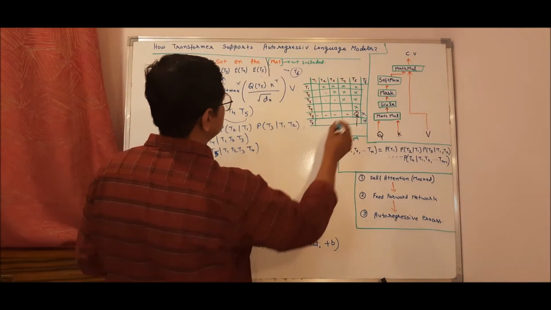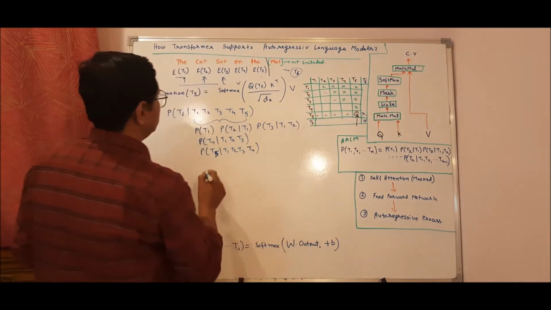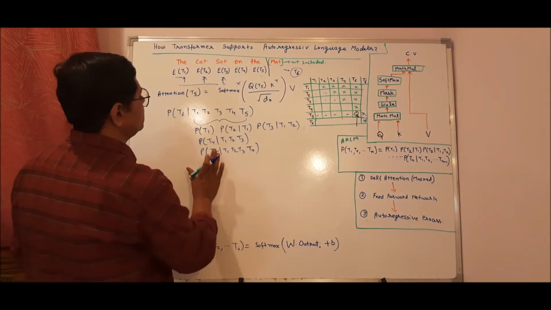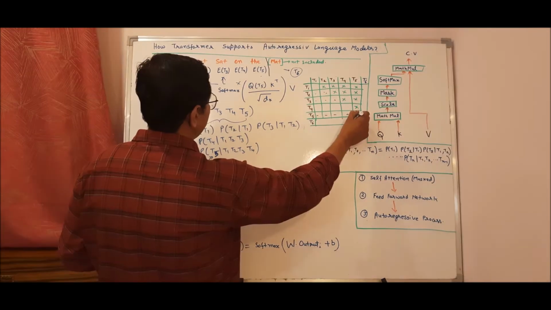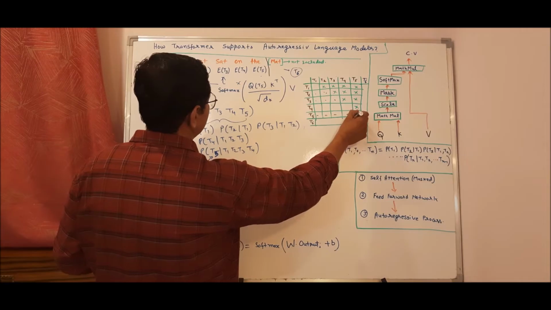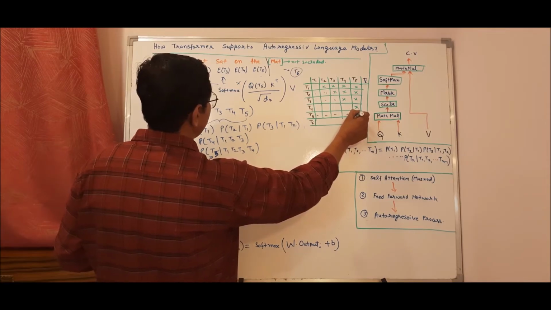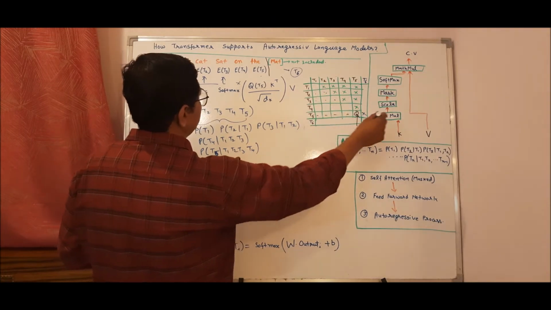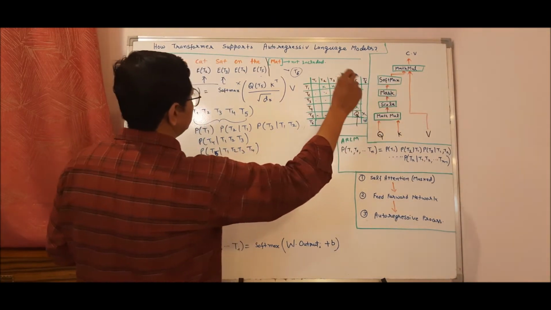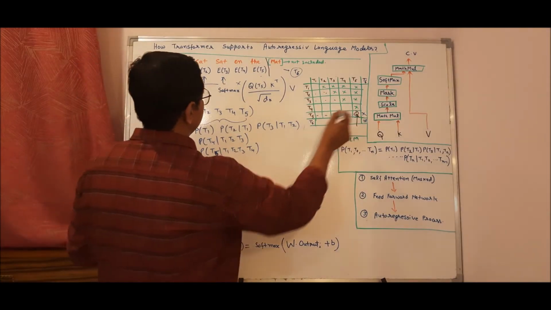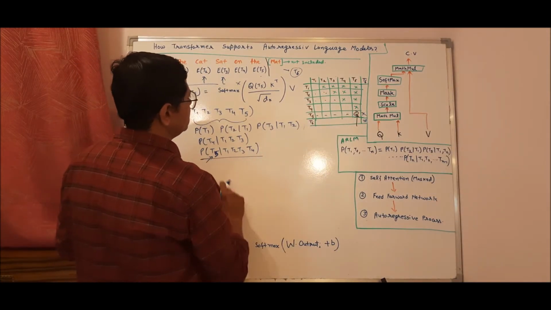So suppose we are here. Now this will work like a query. We are here and we are calculating the context with respect to T5 by using the self-attention layer in a masked way. So this will be equivalent to this.